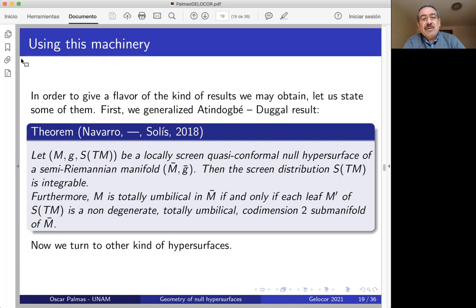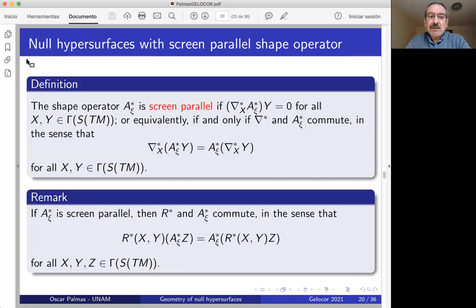If a null hypersurface is quasi-conformal and screen quasi-conformal, then the screen distribution is integrable, and M is totally umbilical if and only if each leaf of the screen distribution is also totally umbilical as a codimension 2 submanifold of M bar. As another example, let us define the following concept. We say that the shape operator here is screen parallel if this derivative is 0.